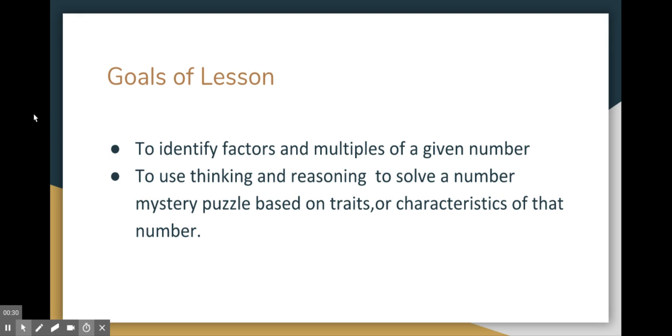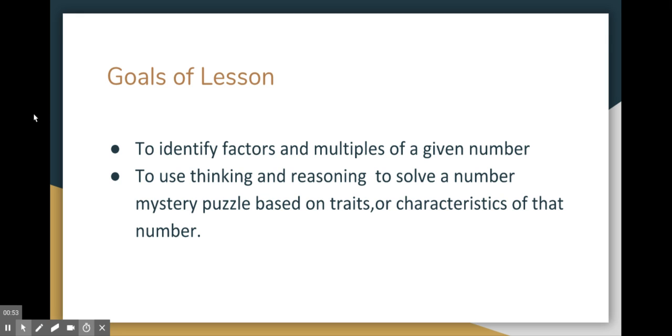Before we get started, we want to share with you what the goal of the lesson will be. We want you, when we are finished with this lesson, to be able to identify the factors and multiples of a number that you are given.